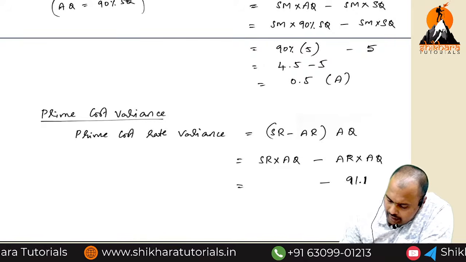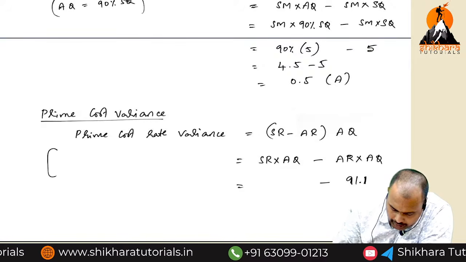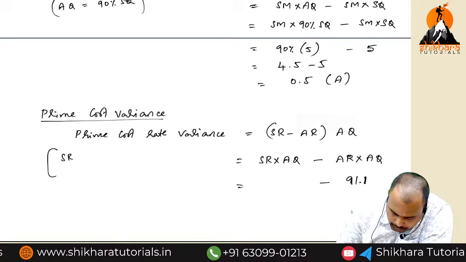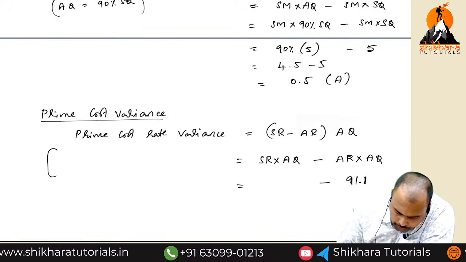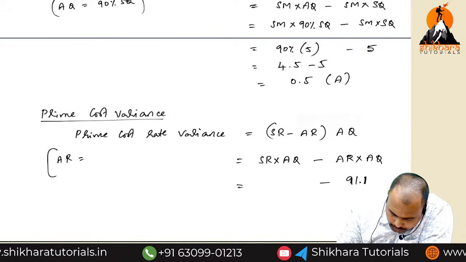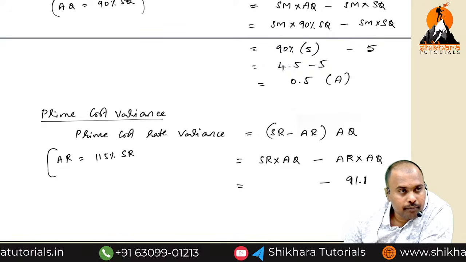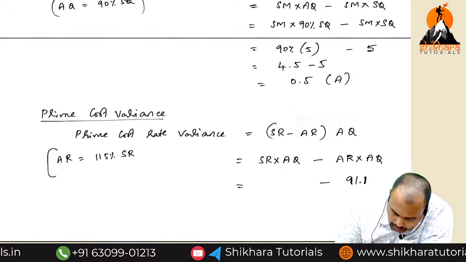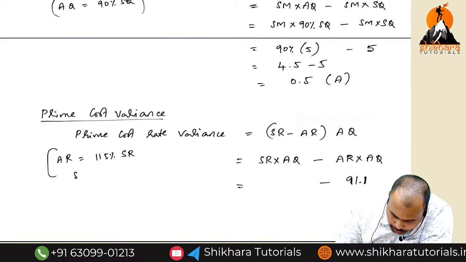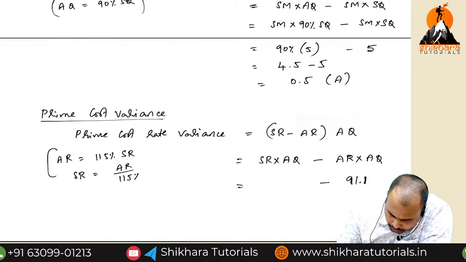Now, what is standard rate? Actual rate is equal to 115% of standard rate. Then standard rate should be equal to actual rate divided by 115%.